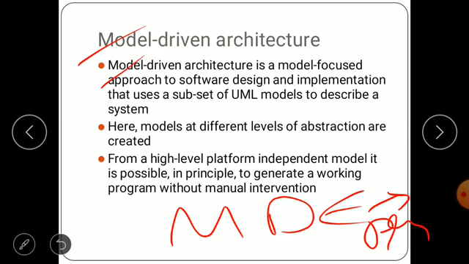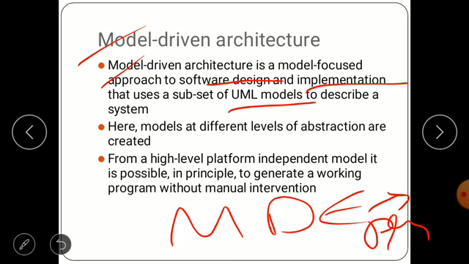Model driven architecture is a model focused approach to software design and implementation that uses a subset of UML models to describe a system.